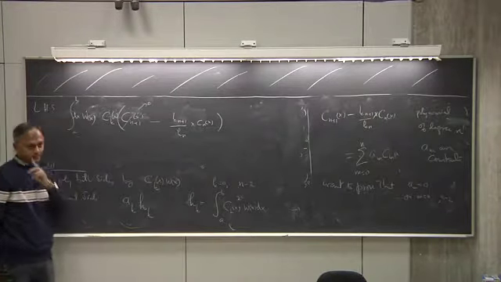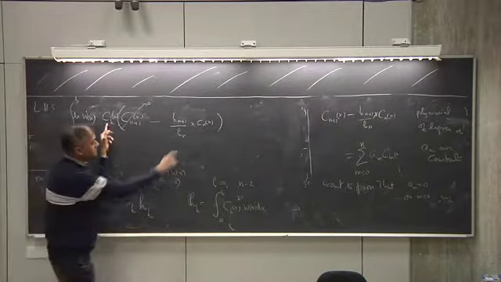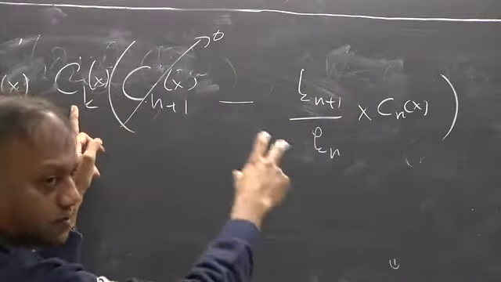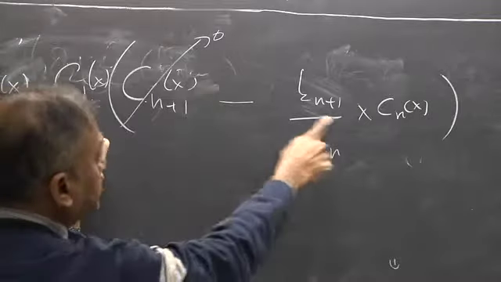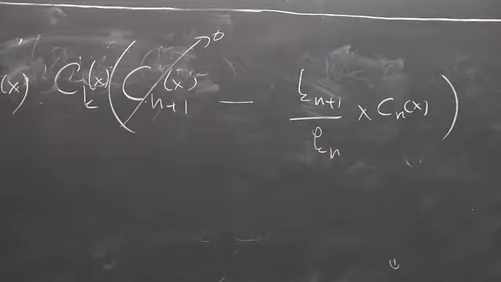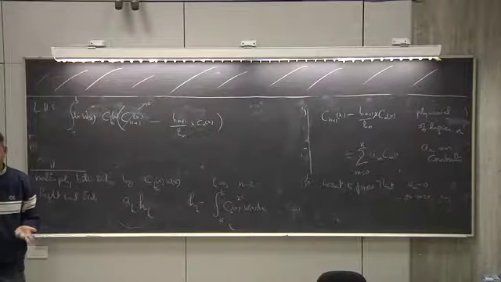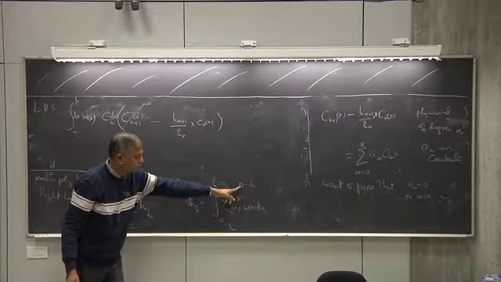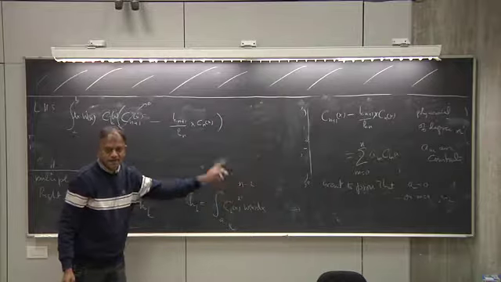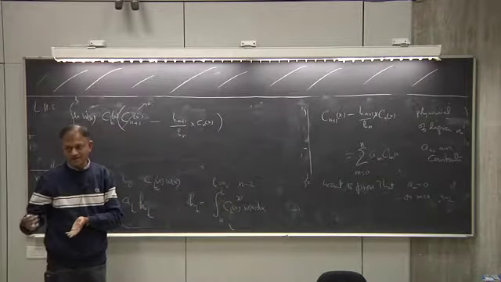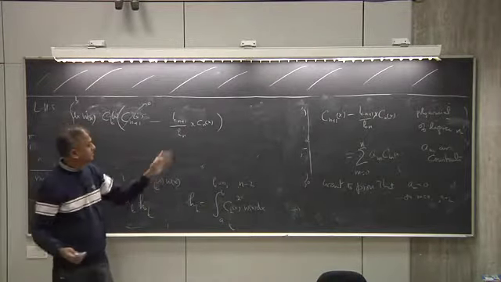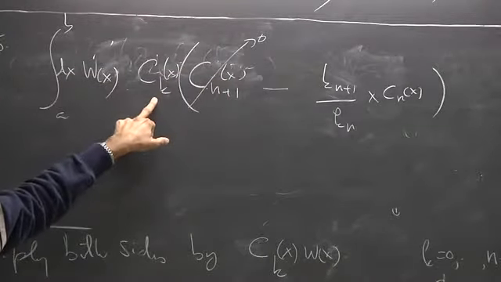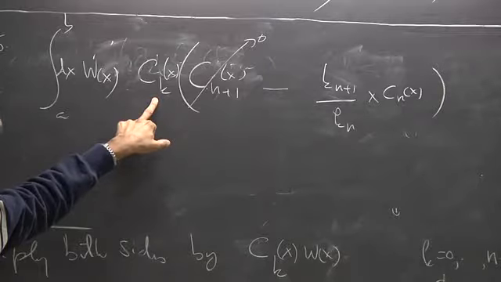The second integral, you have a c_n(x) and then c_k(x) times x. This is a constant, so I can take it out. But c_k(x) times x is a polynomial of degree k plus 1. But if k is up to n minus 2, then k plus 1 will be up to n minus 1, so whatever this times that is going to be some polynomial of degree less than or equal to n minus 1, correct?